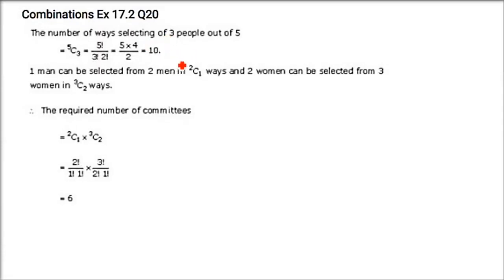A committee of 3 persons is to be constituted from a group of 2 men and 3 women. So 2 men are there, 3 women are there. In how many ways can this be done? So take the first part first.